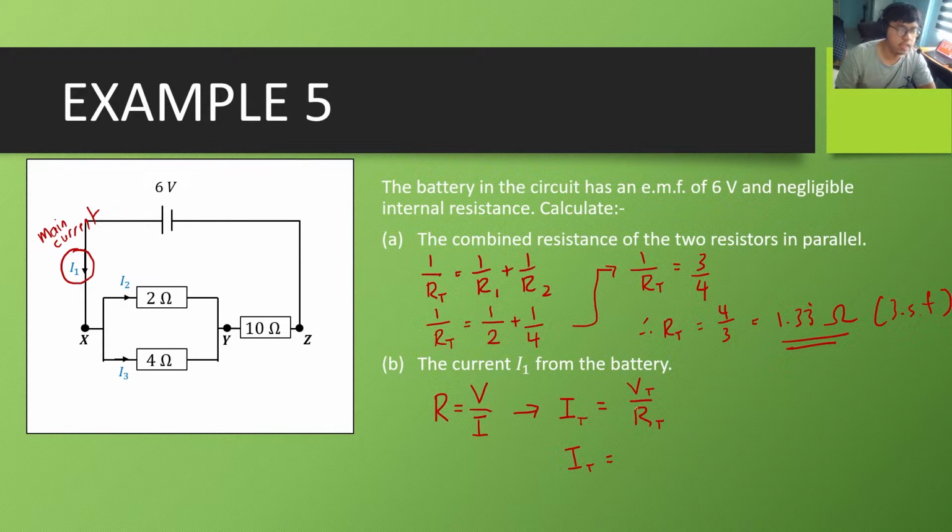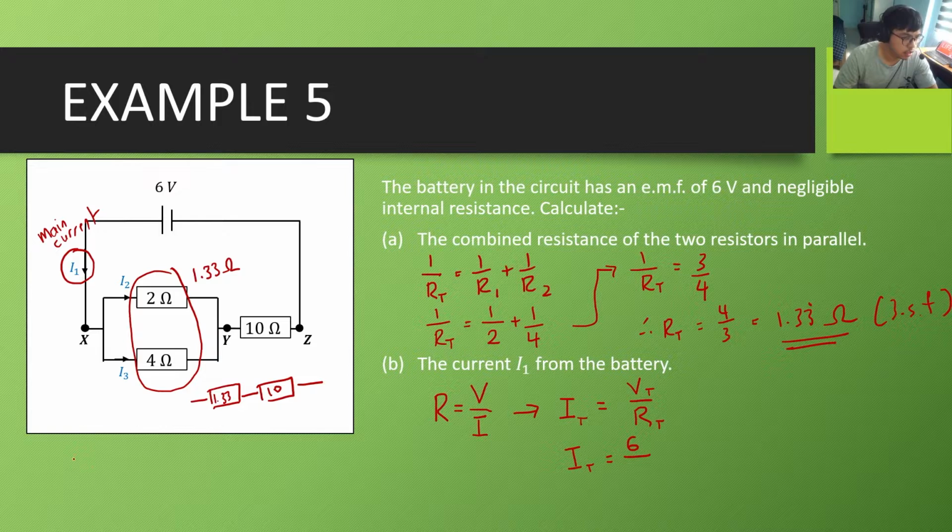The total voltage, what is the total voltage? That is basically the EMF, so that's 6 volts. The total resistance, how can we find the total resistance? We have to consider the final resistor here. We know that these two parallel resistors here have the effective resistance when combined together of 1.33 ohm. And these two are in series with this one. So if you can imagine, you can replace something like this.